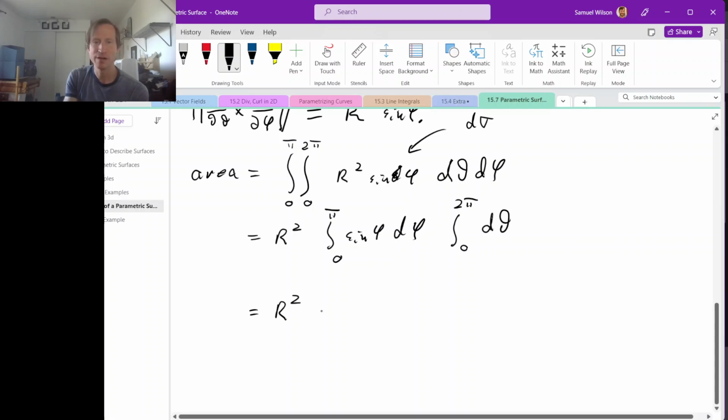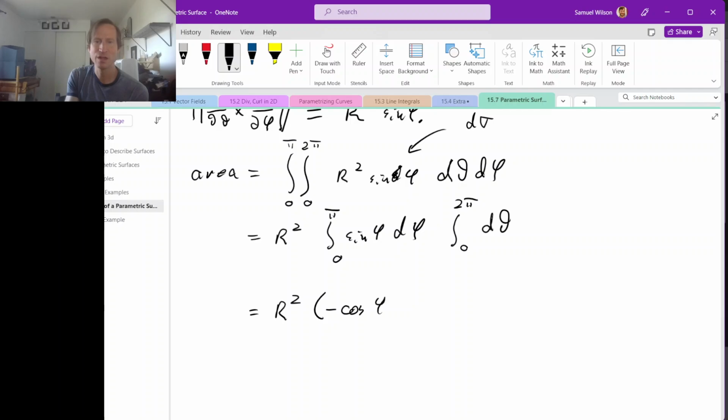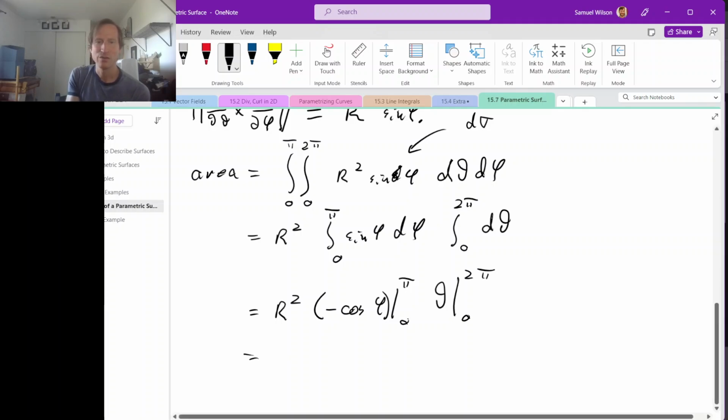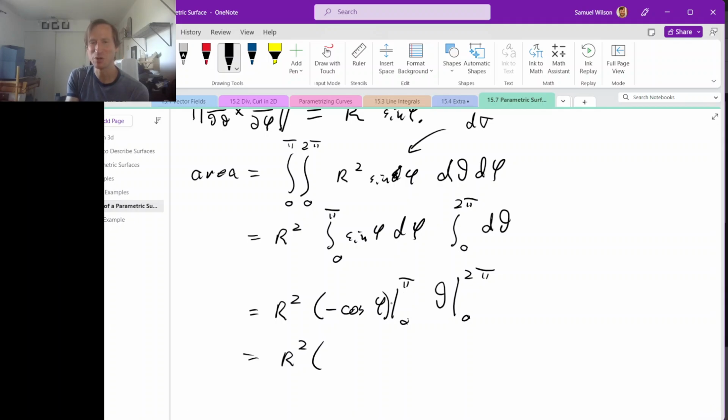So this is r squared times the integral of sine, which is minus cosine phi from 0 to pi. And the integral of d theta is theta from 0 to 2 pi. You have to be careful with all of your plus and minus signs when plugging in these bounds. Cosine of pi is minus 1, with another minus, that's plus 1.